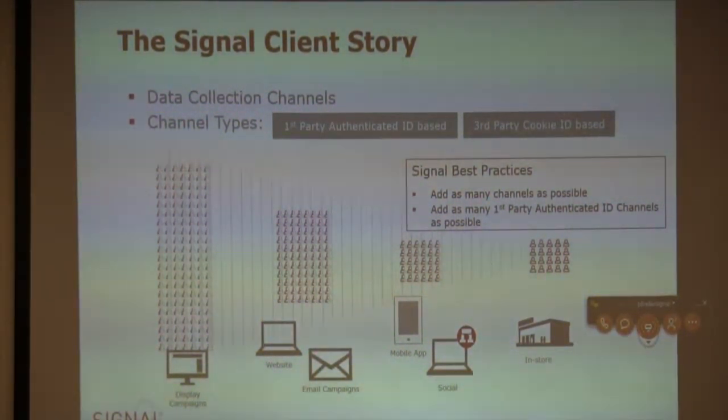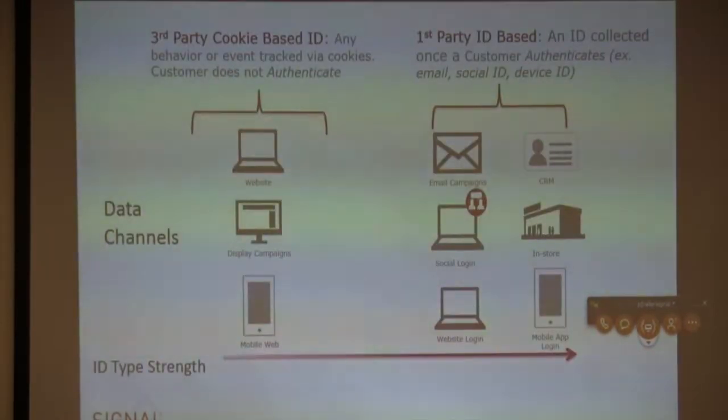Boom, email, that means it's authenticated. When we talk about third-party cookie ID based, you're talking about ad impressions. You are putting an ID on that consumer who saw that ad. However, that ID is temporary, it has a short lifespan. Even though you have a lot of scale with that type of ID, it's not pervasive, you can't use it after a while.